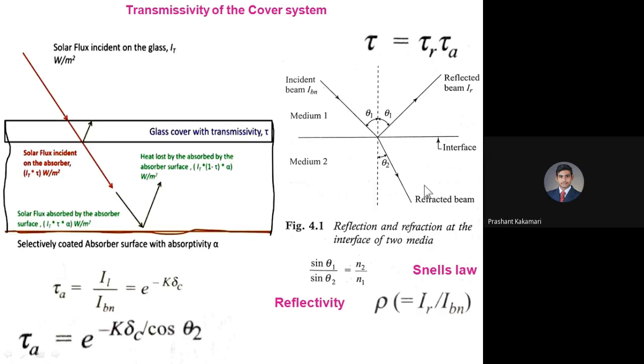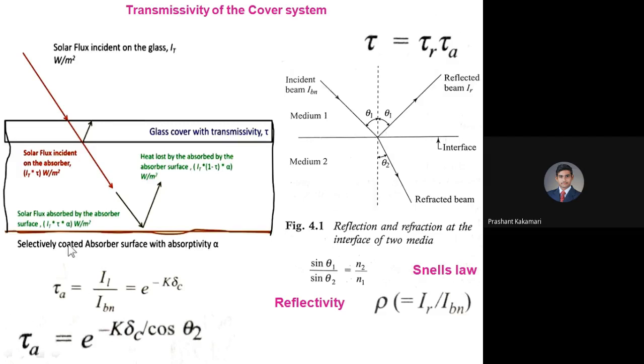Where the beam radiations or the light reflections or refractions are there, that is denoted by the tau r, which is because of the transmissivity of the cover plate. One more term is there, which is the absorptivity, that is tau alpha.